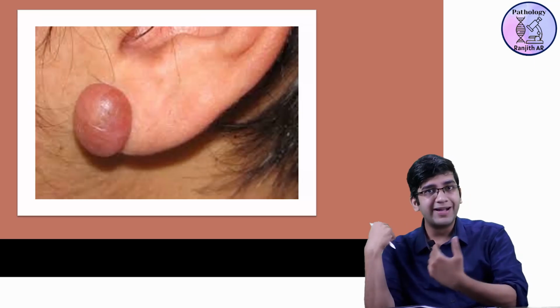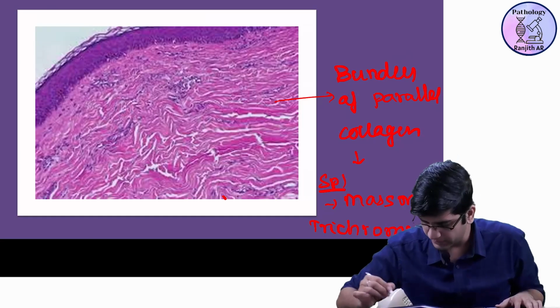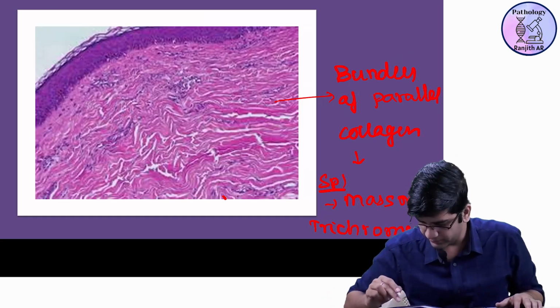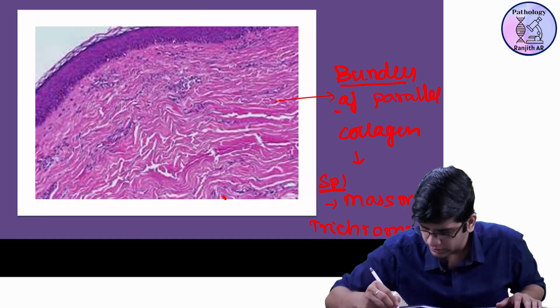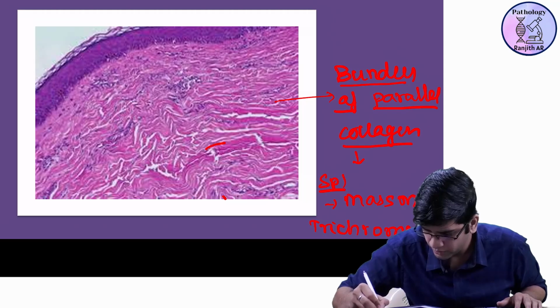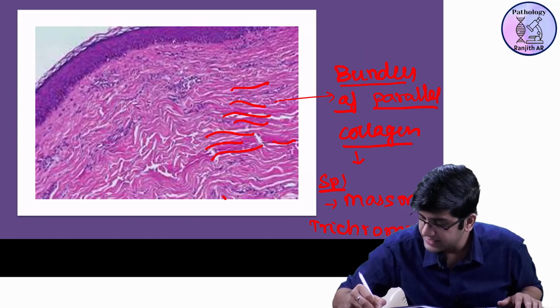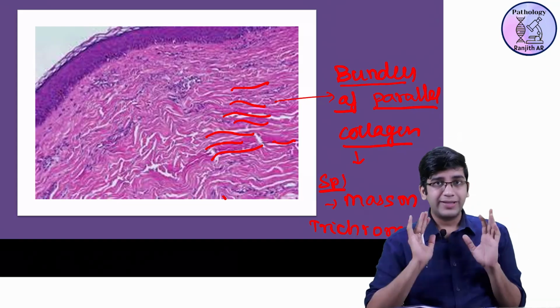So if I go and look at the microscopy of keloid, this is what I'll see. I'll have bundles of parallelly arranged collagen. This may not be required. This is not how I diagnose keloid.